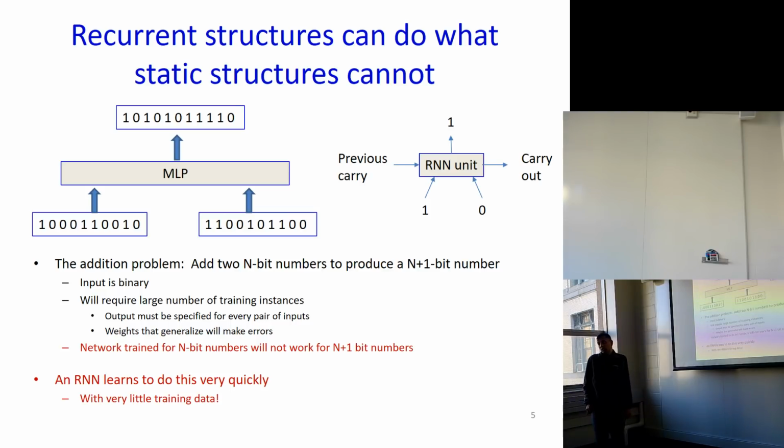A third point we noted was that recurrent structures, although originally proposed as a mechanism for analyzing time series data, are also useful in other situations which look more suited for multi-layer perceptrons. So, for example, if you are just trying to train a multi-layer perceptron to add 2 binary numbers, the number of training examples you would have to provide to this network, even if it had appropriate architecture, is going to be exponentially large.